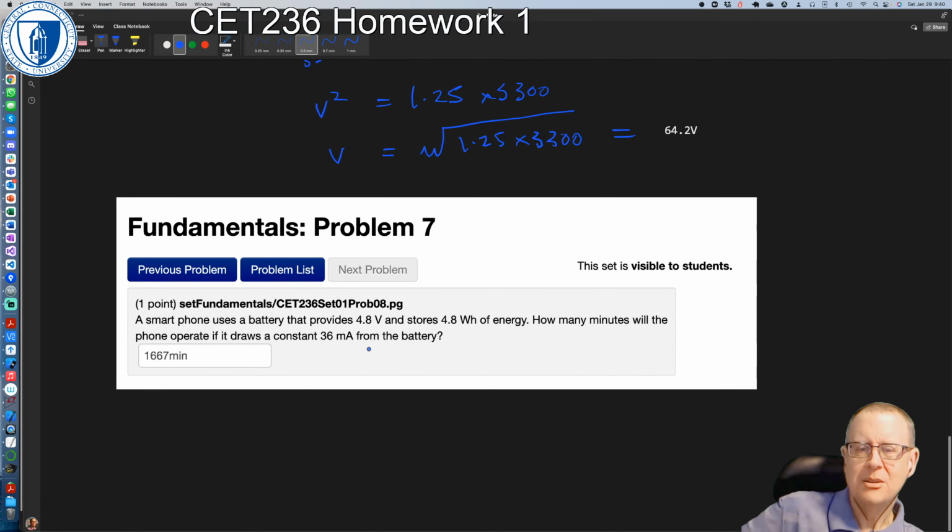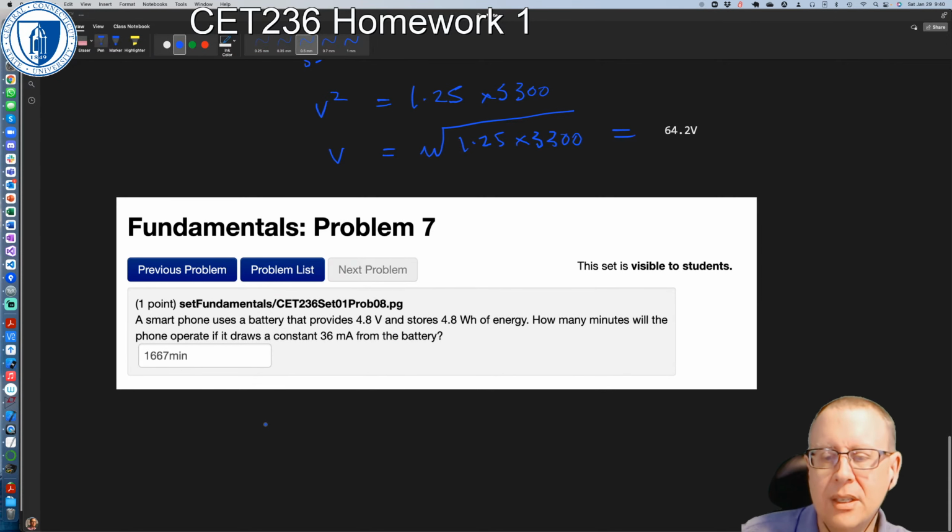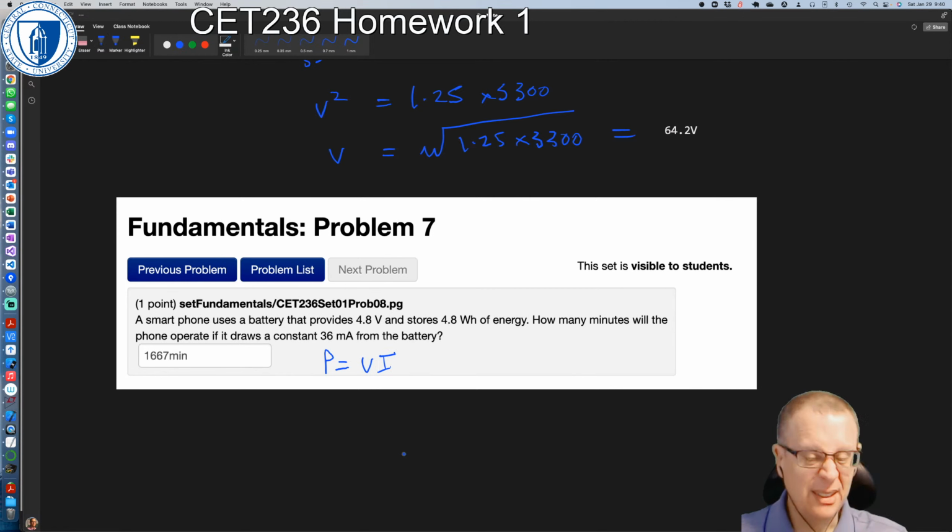So what do we got to do here? We've got our watt hours. So watt hours is 4.8. One thing we could do: we know that P equals VI. We know that we could convert watt hours to amp hours by dividing the voltage into the watt hours.